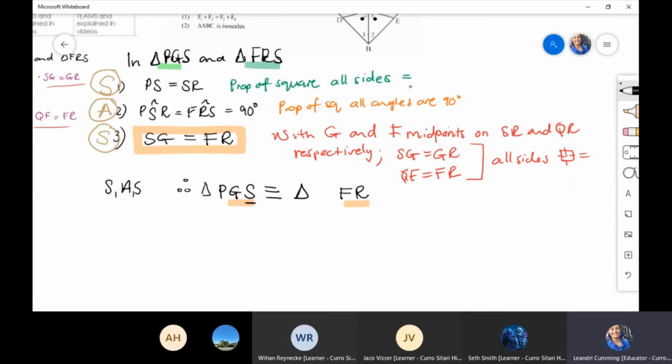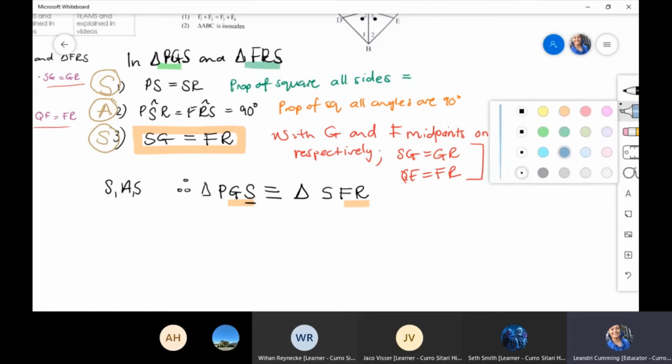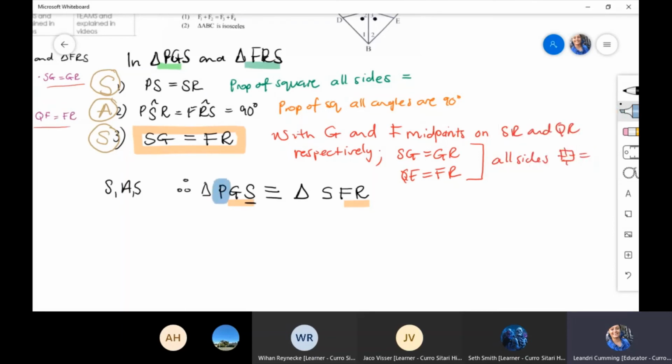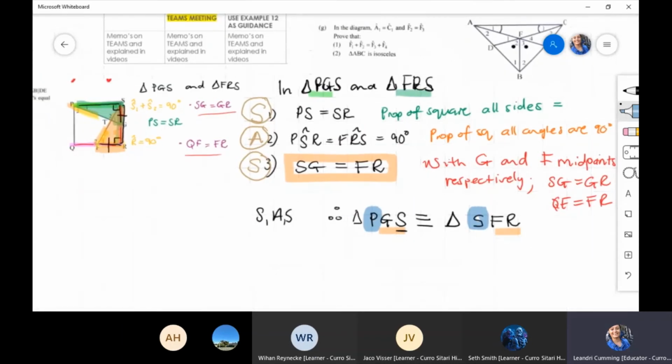which means the remaining letter is S, which now makes it very clear the angle on P has to be equal to the angle on S, which is the angle here equal to the angle there.